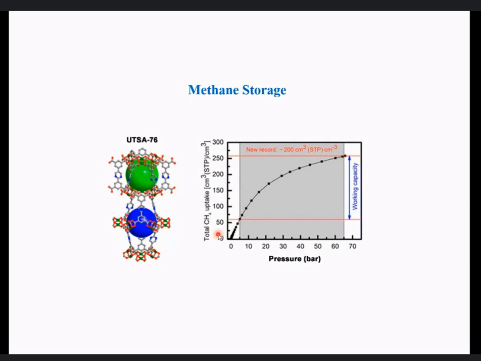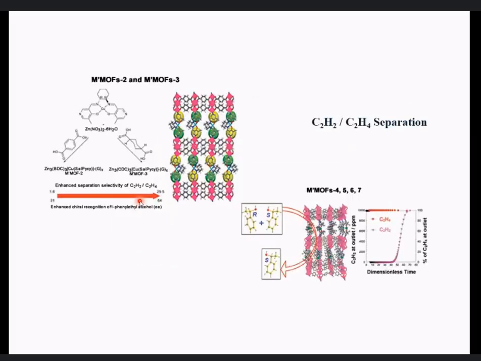Not only carbon dioxide, methane can be stored, and you can prepare a beautiful molecule. Some metals are there, and these organic parts, and you can have cavities, and you can have methane within this, methane storage. Then the next one: if you have a mixture, acetylene and ethylene separation can be done by some kind of MOF, as I mentioned and showed.